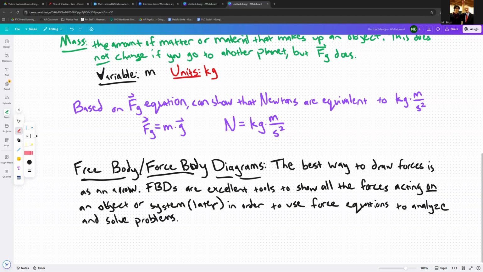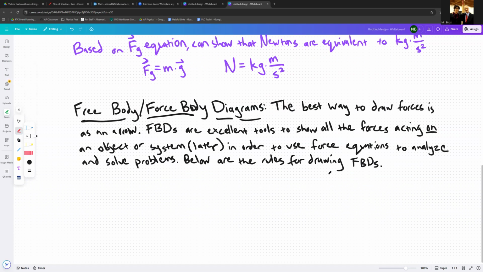Okay, cool. So below are the rules for drawing free body diagrams. There are some rules. Okay, so the rules for drawing FBDs are as follows.